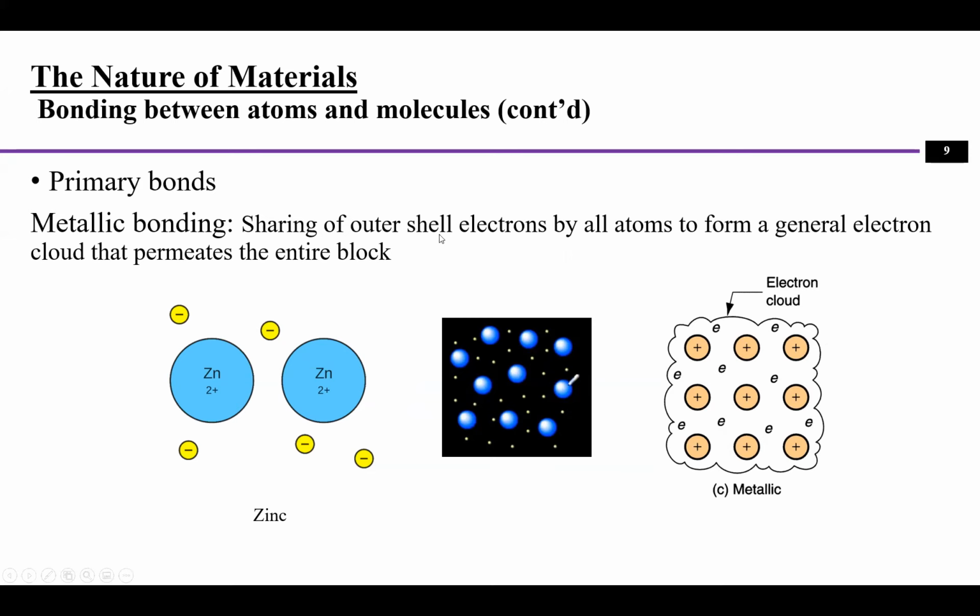What it really does is all these electrons form a cloud, an electron cloud. So electrons are moving here and there at a very fast speed. And this is why the metals have really good conductivity, right? Because electrons move, and this is how it forms the current.